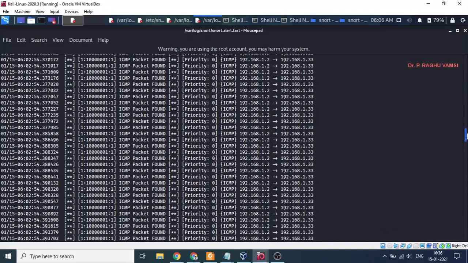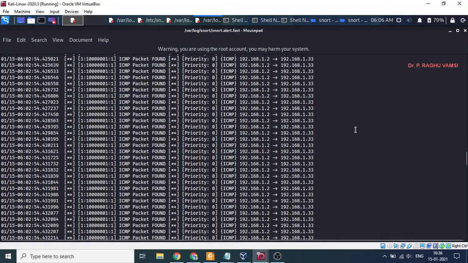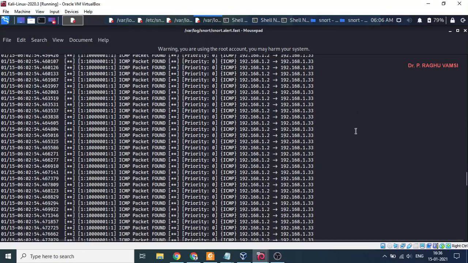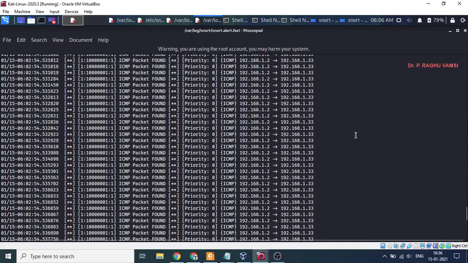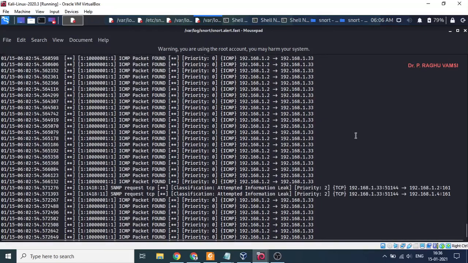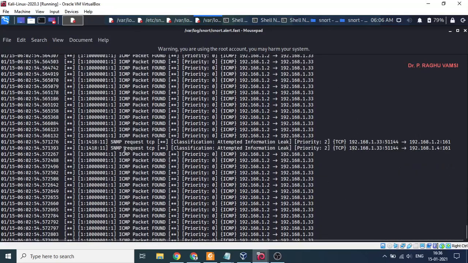If we have a graphical user interface, then it will be easy for us to filter based upon the IP address and based upon the packet type, etc. And here, SNMP request from the Kali Linux to the DHCP server, that is 192.168.1.2, and to the XP operating system.